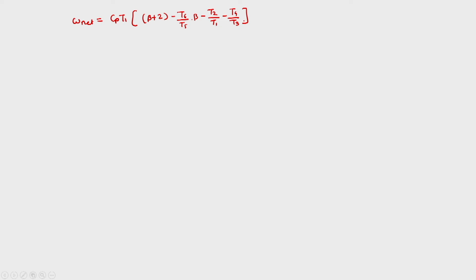So here again let us consider what we had considered earlier, that T2 by T1 is equal to T1, T4 by T3 is equal to T2 and T5 by T6 is equal to T.